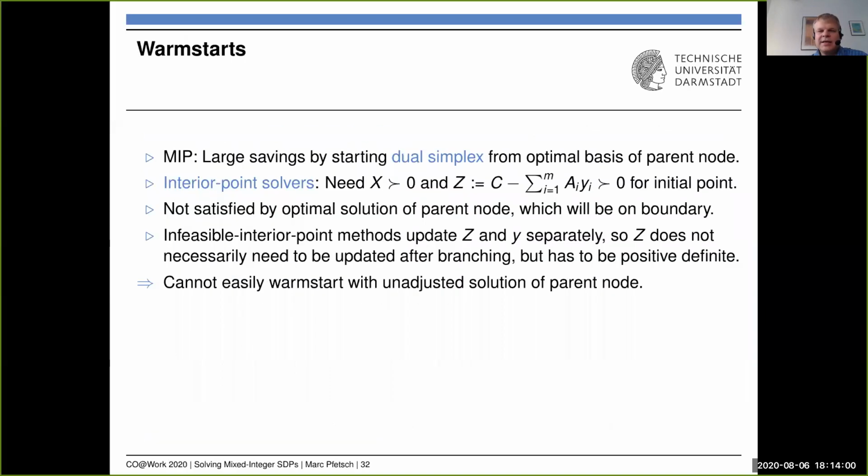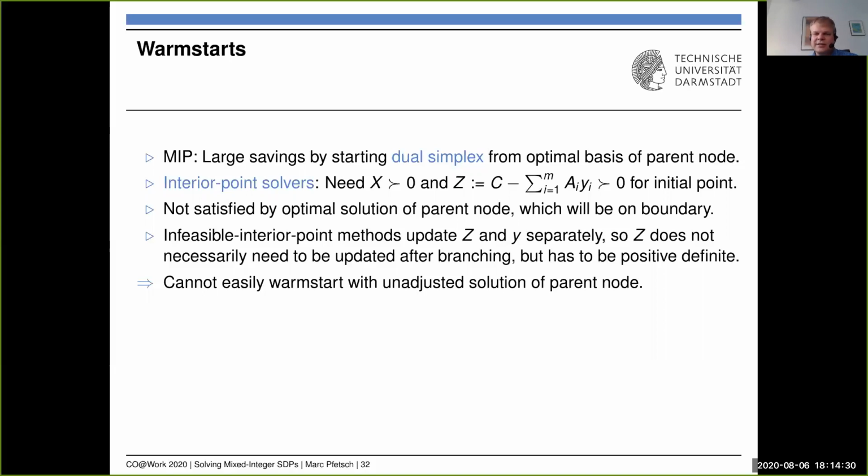Then Warmstarts. For MIPs, one of the key components to success is hot or warm starting, because the dual simplex can start from an optimal basis of the previously solved LP. For interior point methods, this is not so easy, although one can start with a point which is hopefully close to the optimum and then hopefully converge faster.